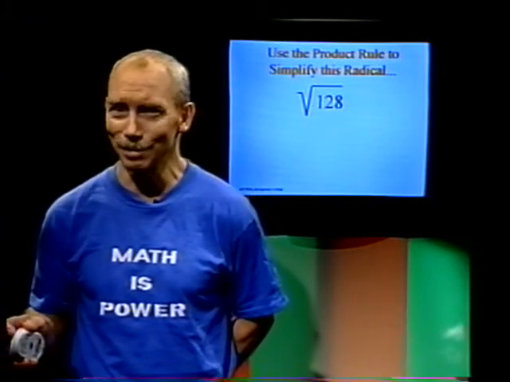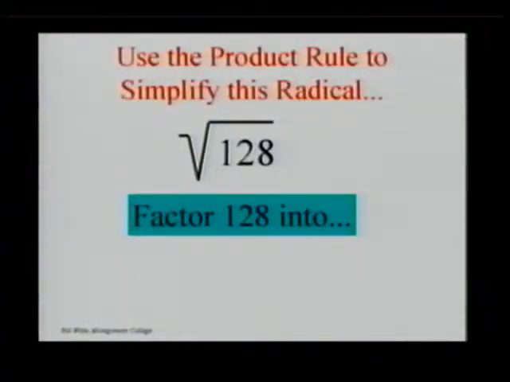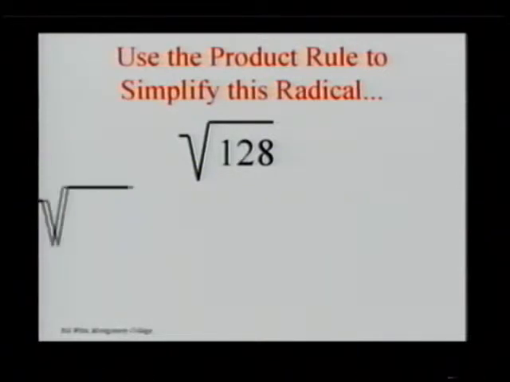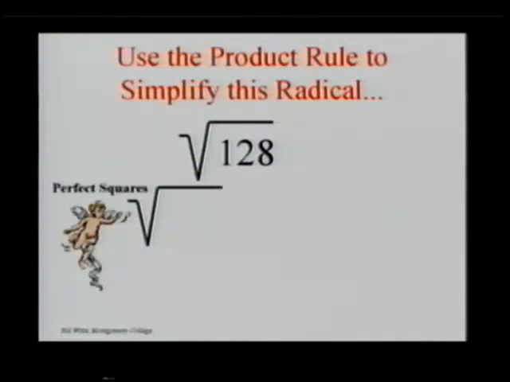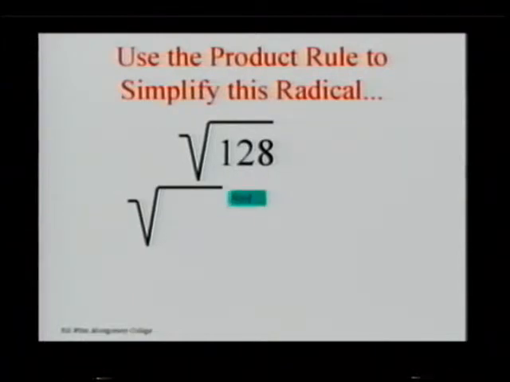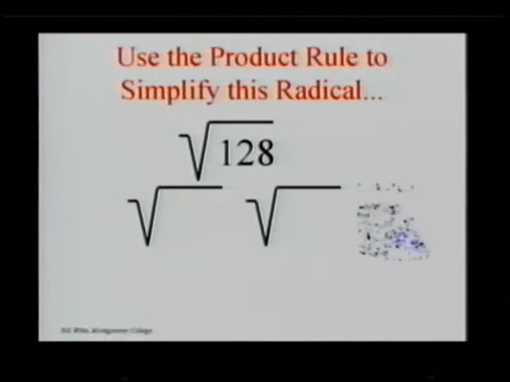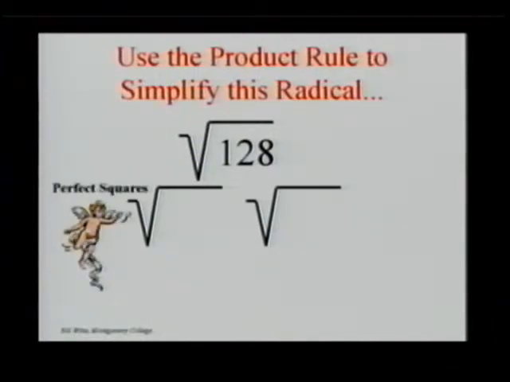Ooh, this is a tough one. Square root of 128. Do you know any good square roots that go into that? Well, it would behoove you to try to factor things in that are good. We don't look for the bad, we look for the good, and then whatever's left over is the bad. Actually, a 4 would go into 128, but there's an even bigger good.